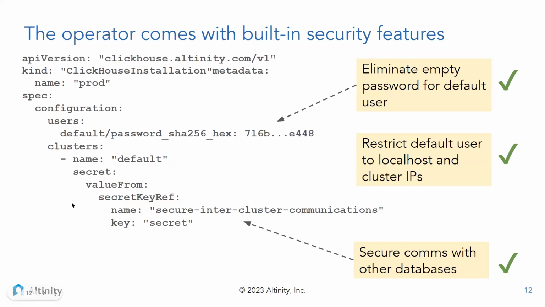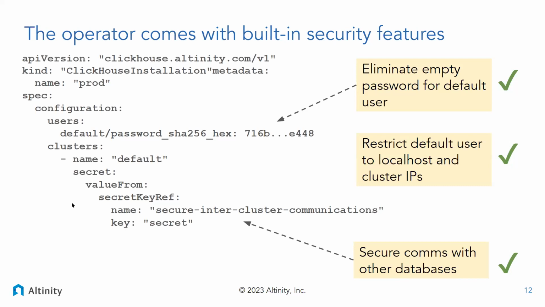Here's an example of one of these ClickHouse installation resources. We see actually an interesting copy paste error here. We see the specification, which says, hey, we're talking about clusters. We're going to have a cluster definition.